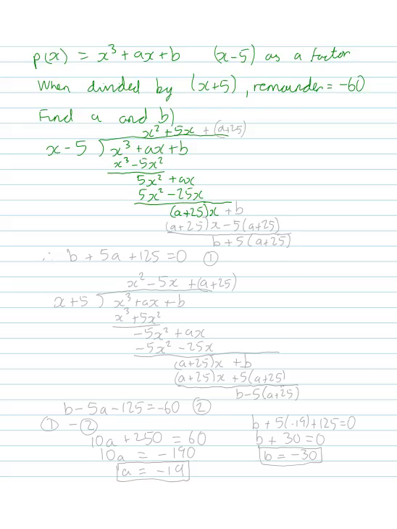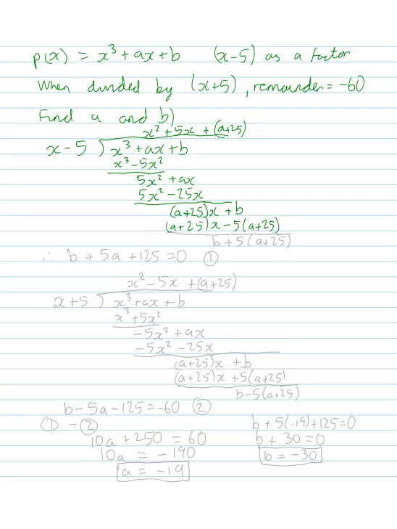And now we need to bring down the remainder, which is the b that's left over. And when we multiply through this time, we need to multiply by a plus 25. So that you get a plus 25x minus 5 outside of a plus 25.